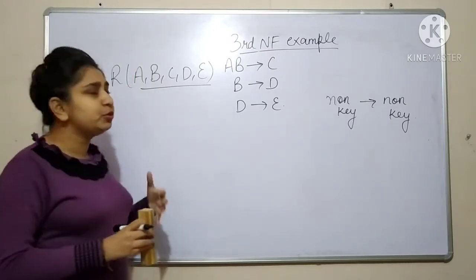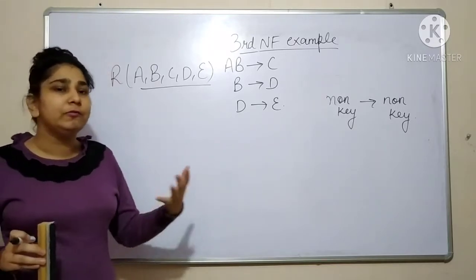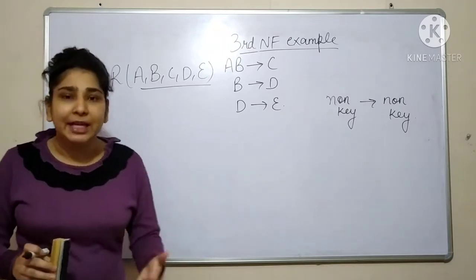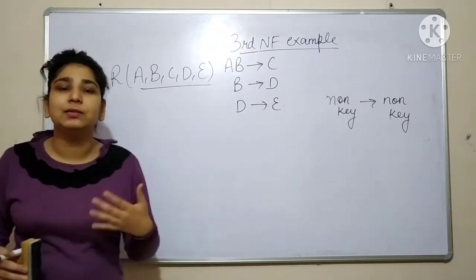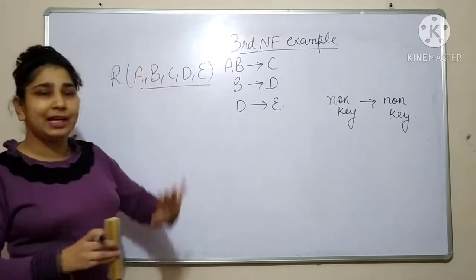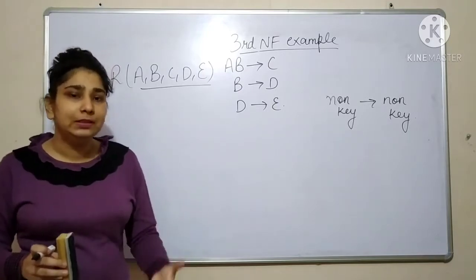Now we have to check whether our relation is in the third normal form or not. If it is not, then we have to decompose this relation and make it into the third normal form.